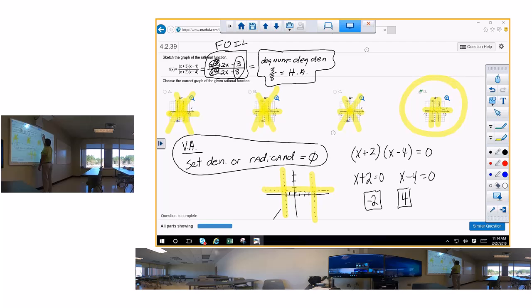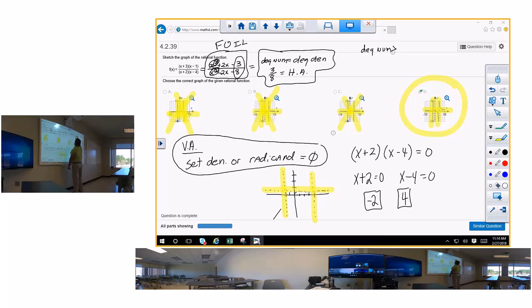If the degree of the numerator is more than the degree of the denominator, then you use long division.